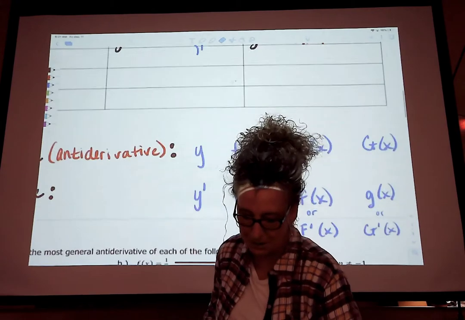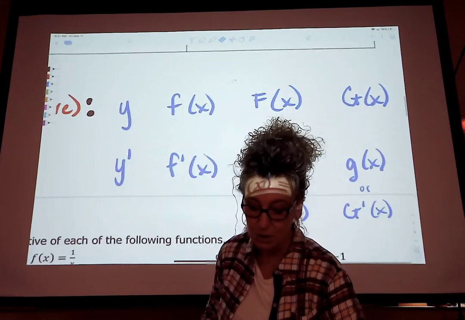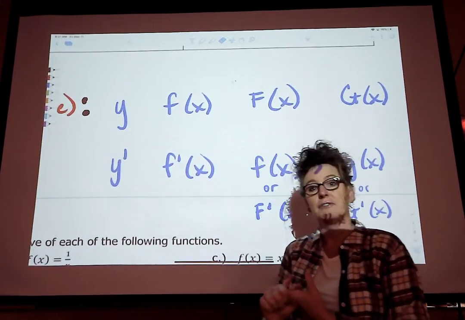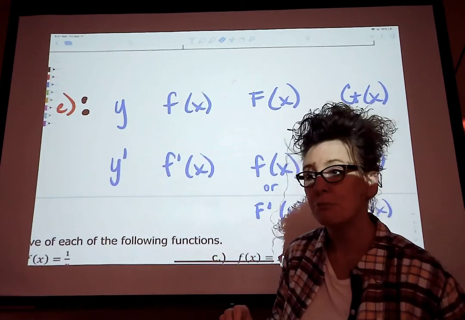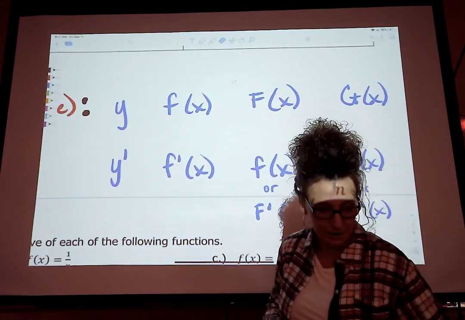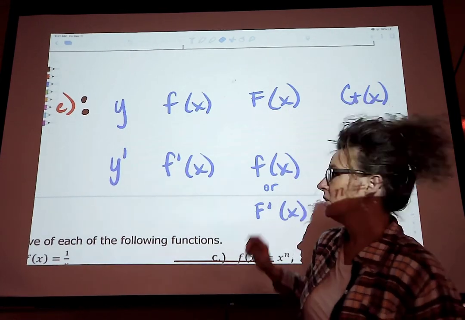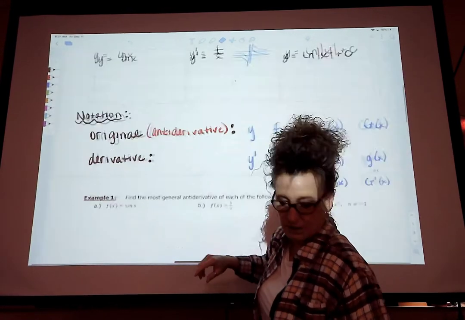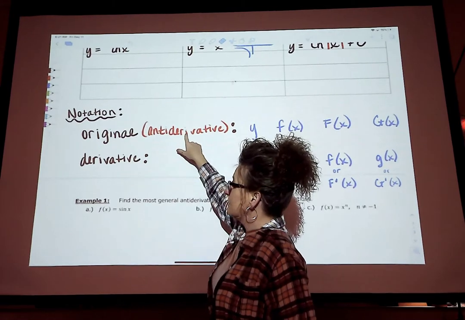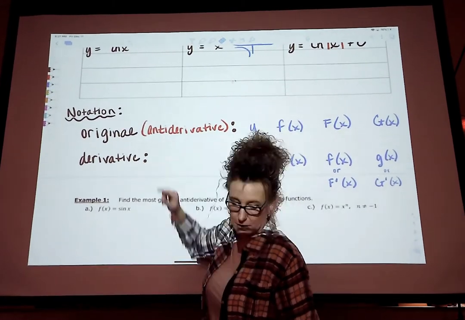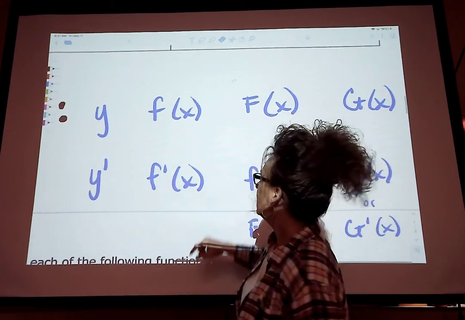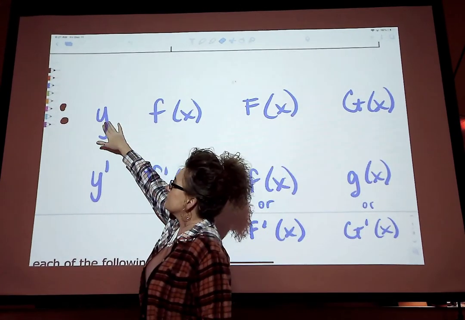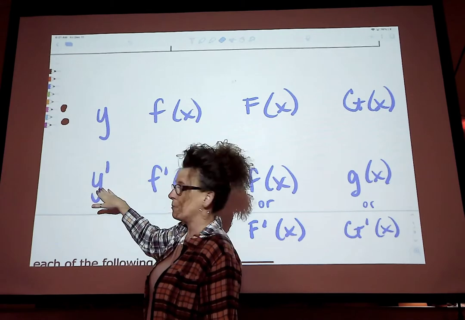So let me make sure you're okay on how to label your derivatives and your antiderivatives because I place a huge importance on labeling your work. I've got the original or an antiderivative on top and the derivative on the bottom. This is how they match up and this is how they go together. If the original is called y, we often write y prime for its derivative.